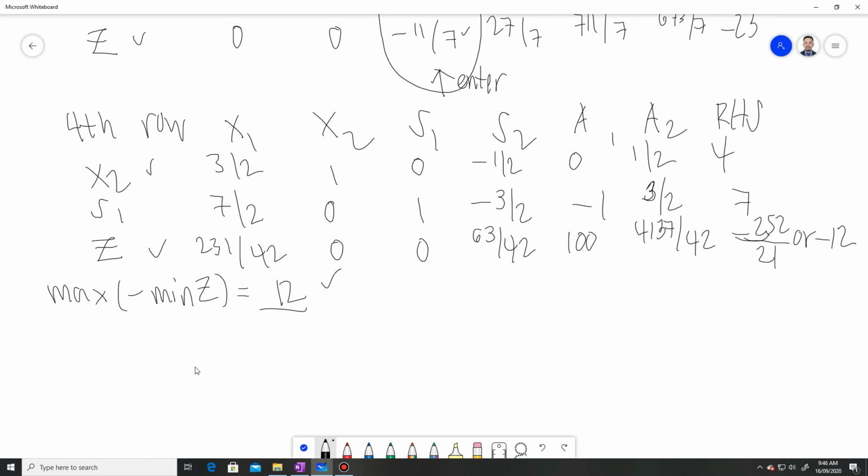optimal value. Therefore, our answers, we refer to the right hand side. For x sub 1, we have no x sub 1, so this is 0. For x sub 2, x sub 2 is 4. For s sub 1, that is 7.